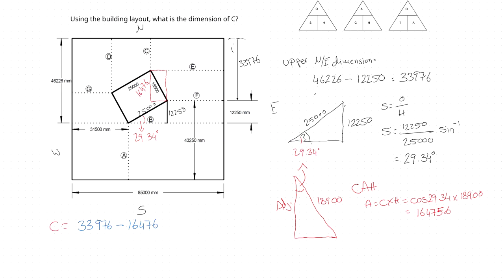Let's see what we get there. 33,976 minus 16,476. 17,500. And that's it. I hope that's helpful. It's just finding similar triangles using some trigonometry, draw out those triangles, the SOHCAHTOA ones, and just go step by step.